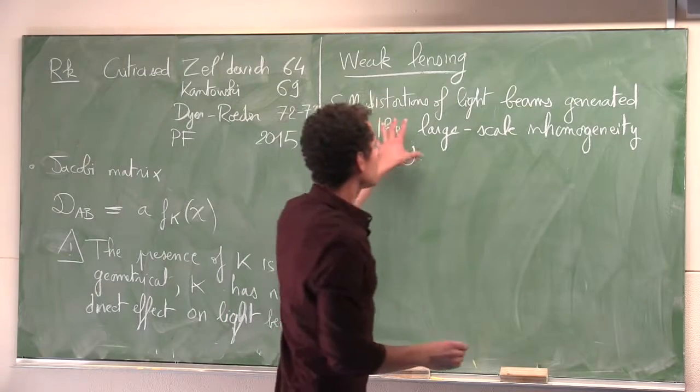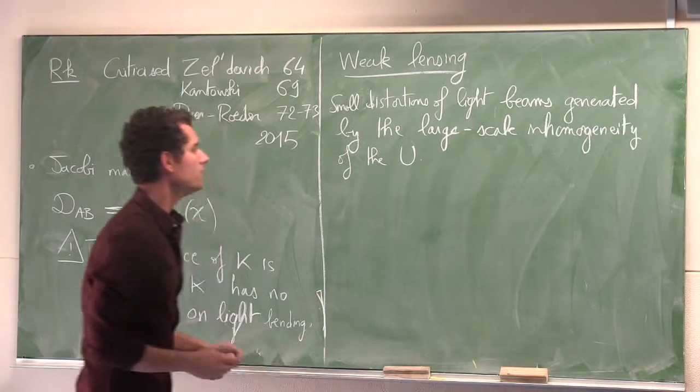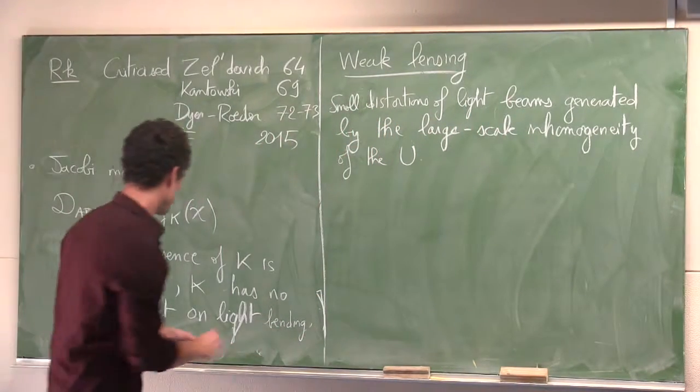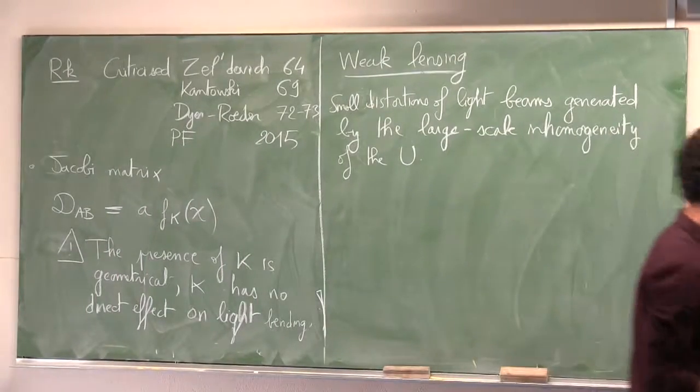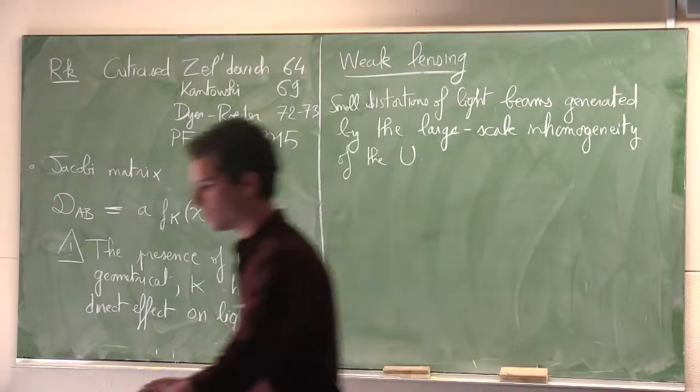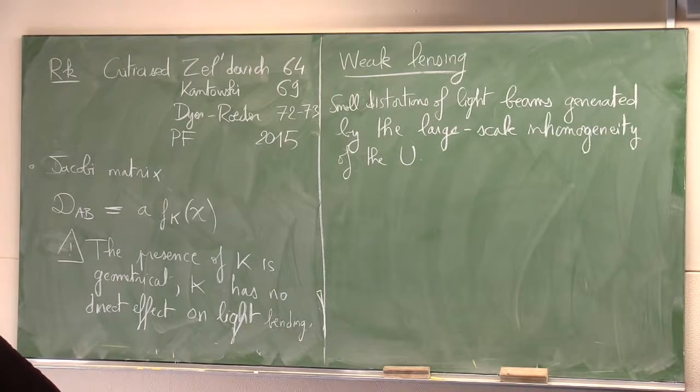So to model the large scale inhomogeneity of the universe, we usually work with perturbations with respect to the FLRW metric.